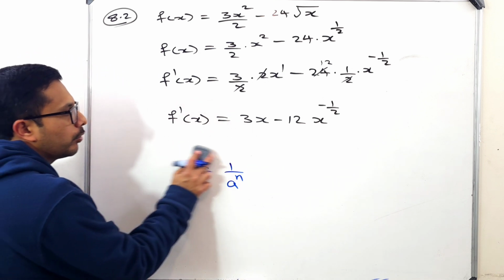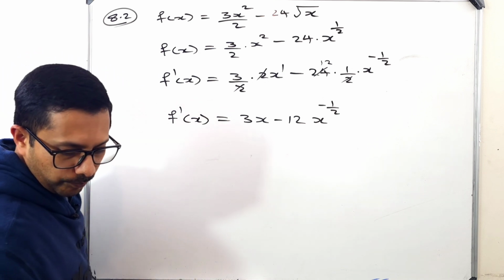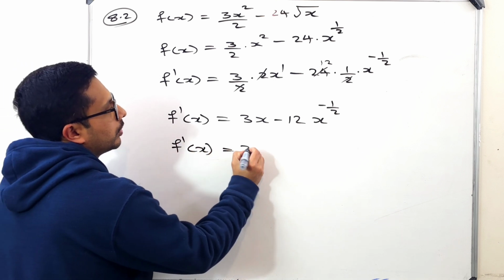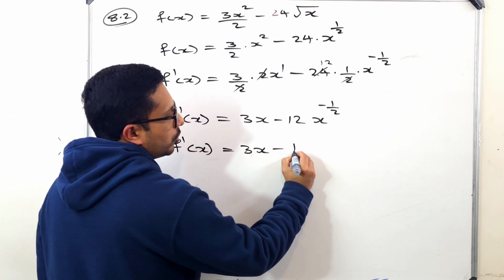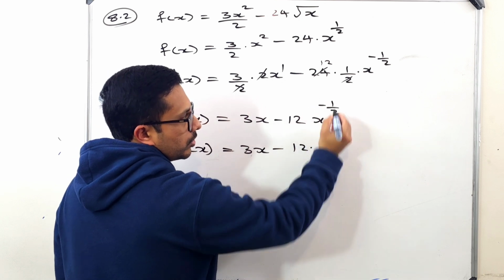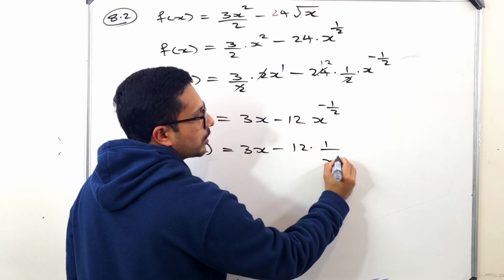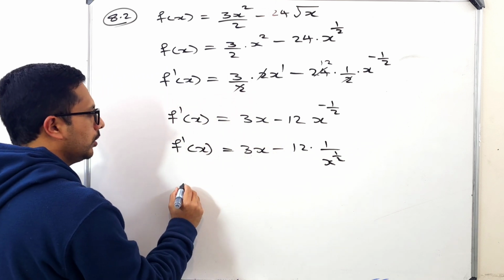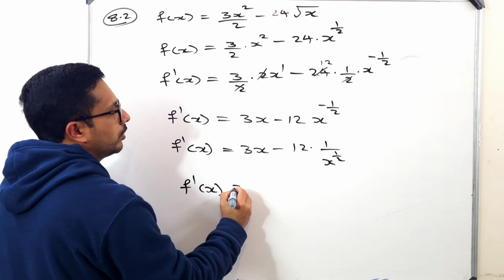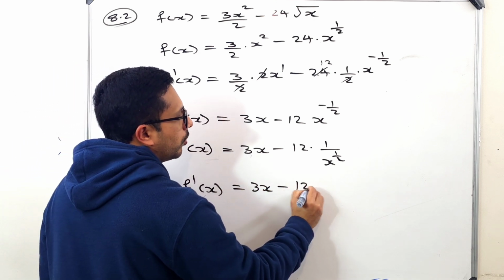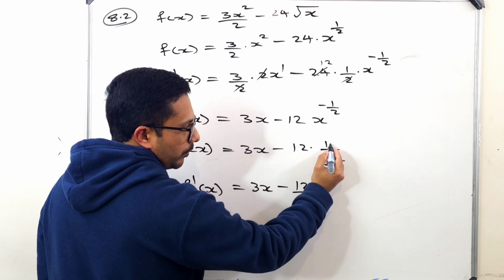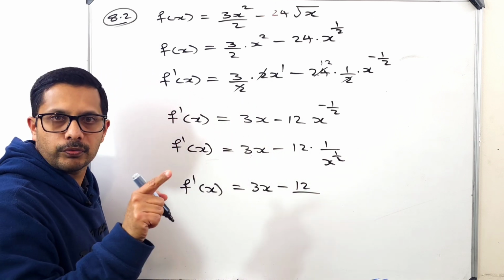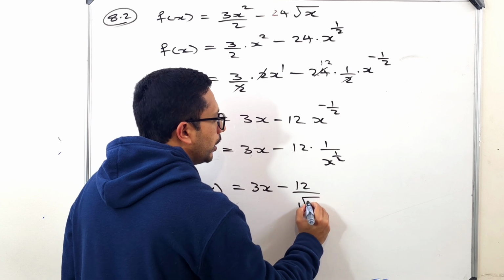So here I'm going to apply that exponential rule, that is f dash of x is equal to 3x minus 12, then this x raised to minus half, 1 divided by x raised to positive half. So you can write one more step, f dash of x is equal to 3x minus 12 divided by x raised to half. Is that not the square root of x? Okay. So that is square root of x.